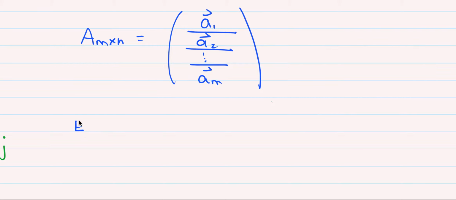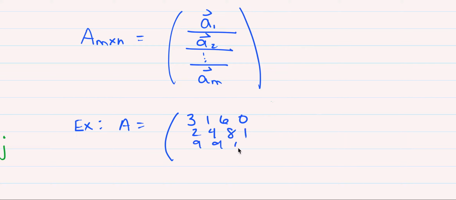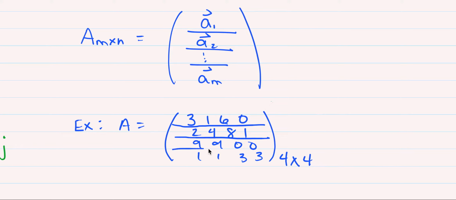Let me give you an example just so you understand what I'm doing. Let's say A is 3, 1, 6, 0, 2, 4, 8, 1, 9, 9, 0, 0, 1, 1, 3, 3. This is a 4 by 4 matrix. I can think of this 4 by 4 matrix as 1, 2, 3, 4 rows. So here, this m is the number of rows we have, right?